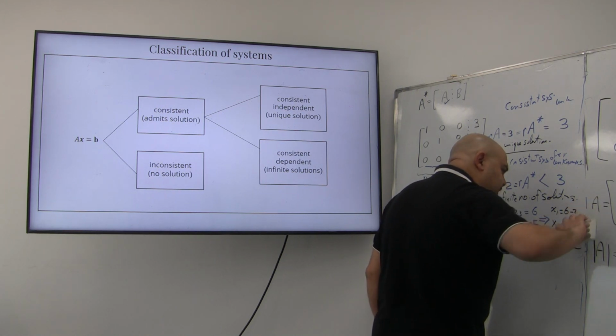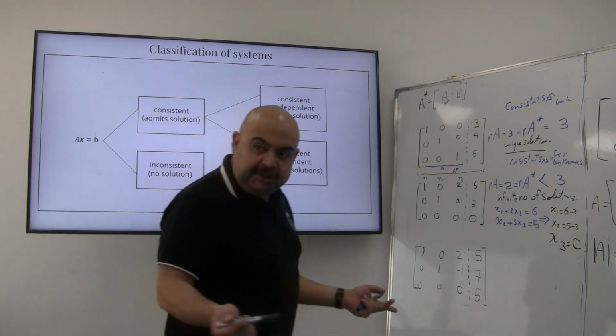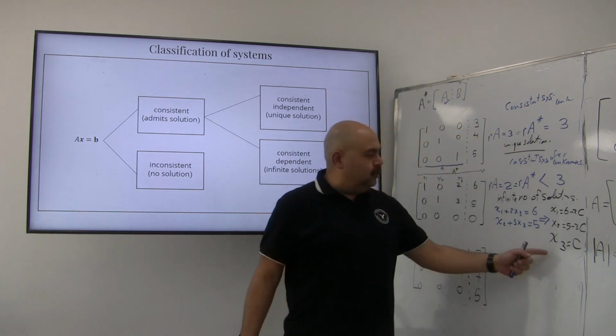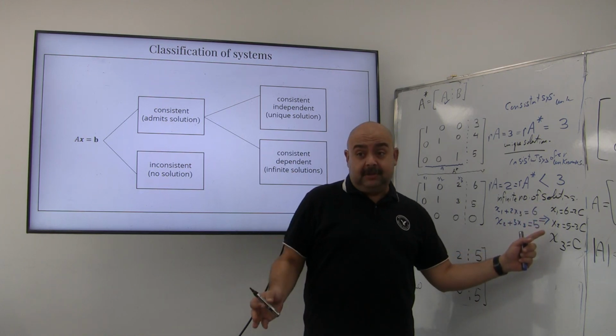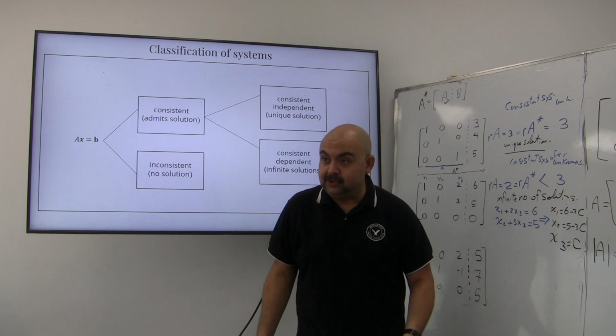In such a case, everyone will know that c is an arbitrary constant, so it's any number that you choose. Any number you choose for c will make x1 and x2 change depending on this value of c, and you will have an infinite number of solutions.